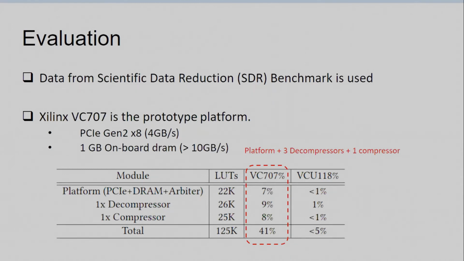So the majority of the chip is left for the accelerators to use. With a more modern chip, VCU118, the total resource utilization is even less than 5%. So we can expect higher performance with this modern chip because we can place more compressors or decompressors there.